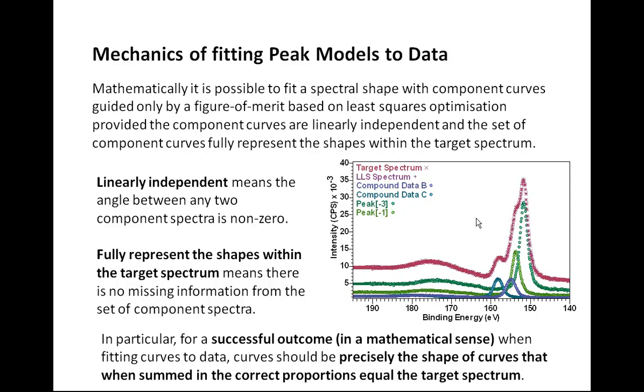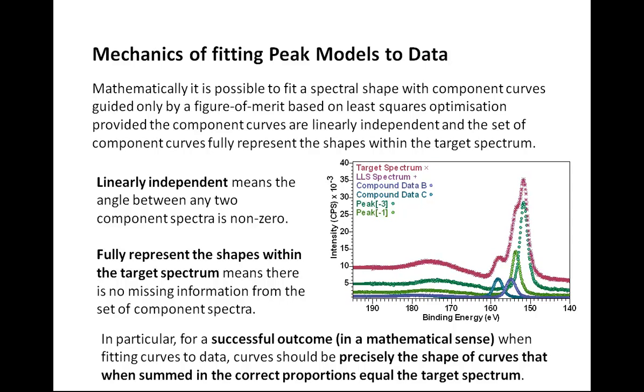But this should not be surprising, because the target spectrum has been constructed from components that have been scaled and summed, so we have provided the ideal situation where the target spectrum is entirely constructed from the components that the least squares criterion is trying to fit. So it is possible under ideal conditions to use a least squares criterion to fit data.